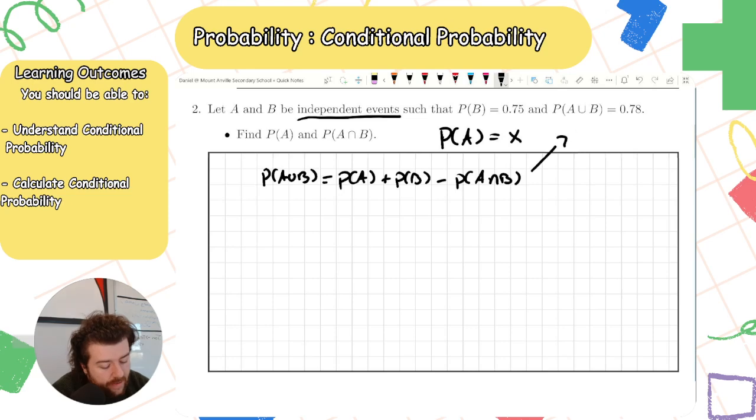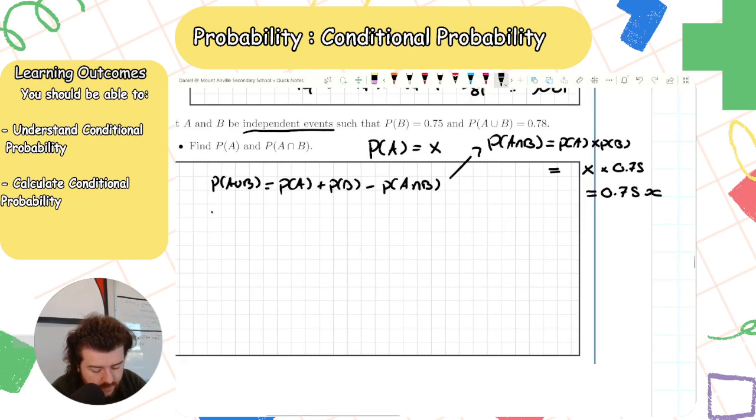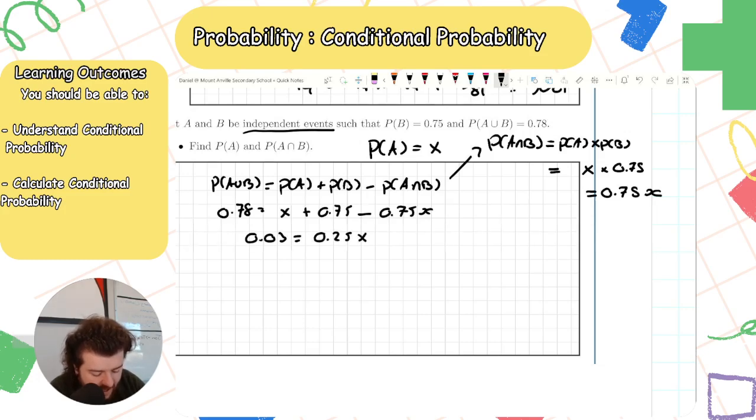What do I know? Well, I know they're independent. That means A intersection B is equal to probability A times probability B, which is equal to X times 0.75. So, and I know probability A union B is 0.78, so 0.78 is equal to X plus 0.75 minus 0.75X. 0.03 is going to be equal to 0.25X.